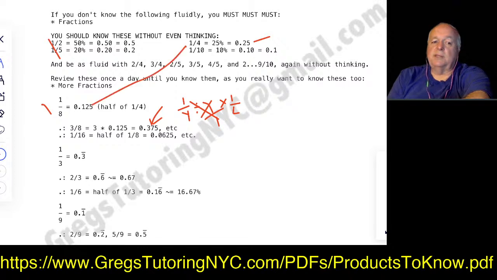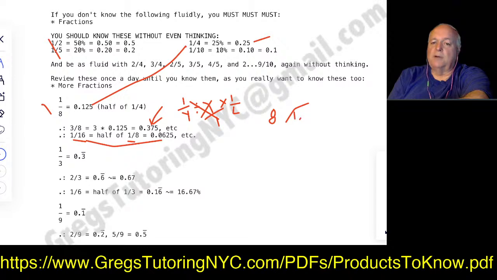And by the way, a 16th is half of an eighth. So if you don't memorize that a 16th is 0.0625, just take the eighth and divide it by 2, and it's a double check. You can also do something like 8 goes into 1, and actually do that division, okay?